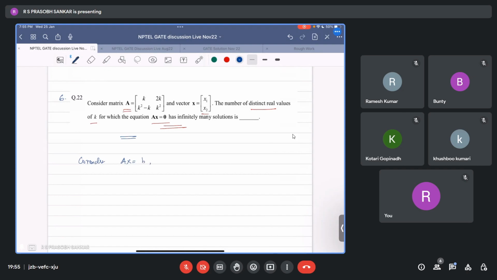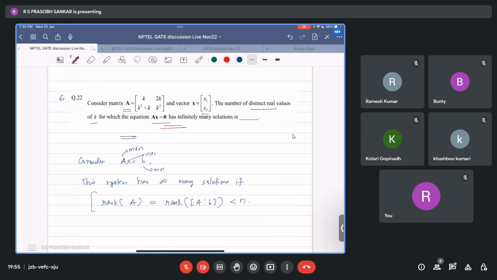Consider Ax equal to b. b can be 0. Now the system has infinitely many solutions if rank of A, where A is m cross n, x is n cross 1, and b is m cross 1, is the same as rank of A augmented with b, which should be less than n.